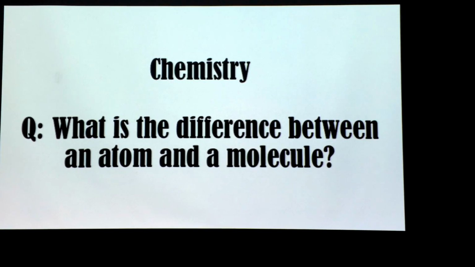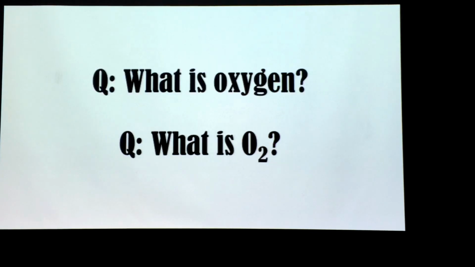So a molecule is made up of two or more atoms. And as far as an atom, we know it is made up of protons, neutrons, and electrons. Okay, now how about an example? What is oxygen? Is oxygen an atom or a molecule?